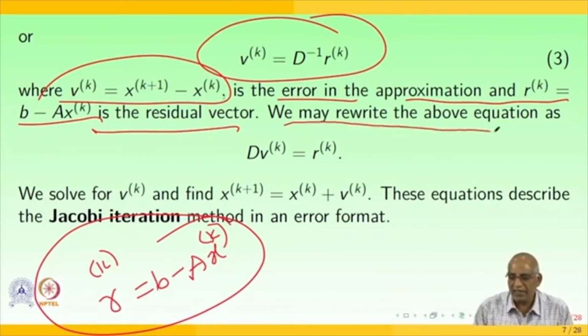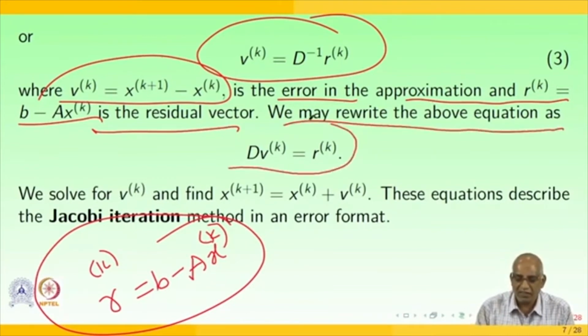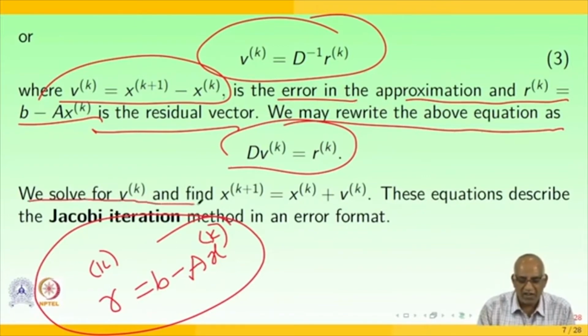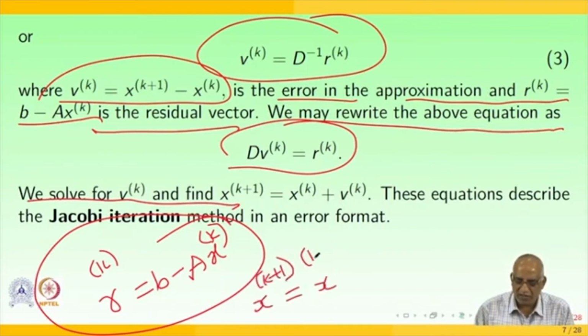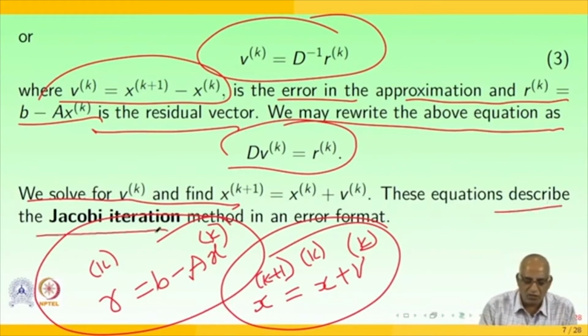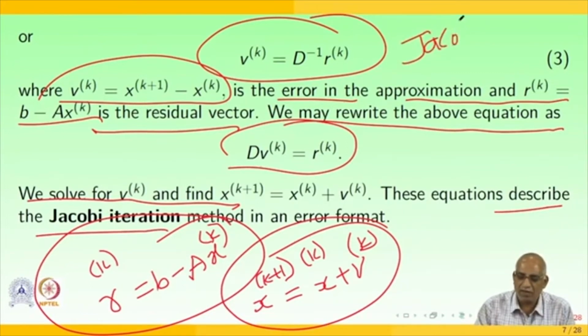We may write the above equations as D v of k is equal to r of k. We solve for v of k and find x of k plus 1 is equal to x of k plus v of k. These equations describe the Jacobi iteration.